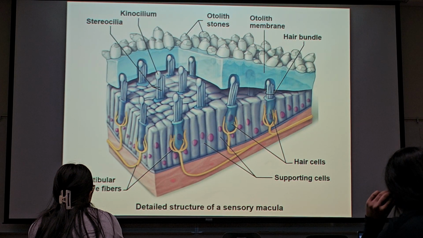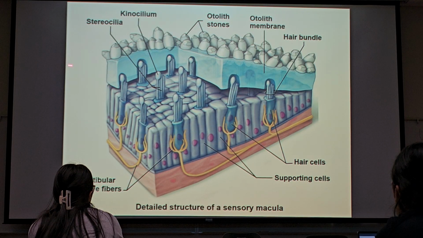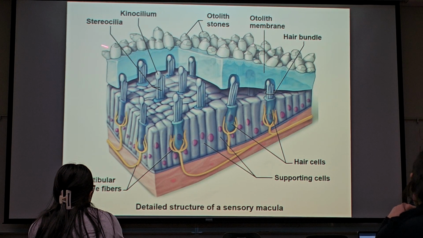When there is movement of the head, here is that otolith membrane, this gelatinous membrane with these calcium carbonate stones embedded in it, in our inner ear right now. We're sitting here. As we move, this membrane slides. We tilt our head, it slides. Everybody just slide your otolith membrane.